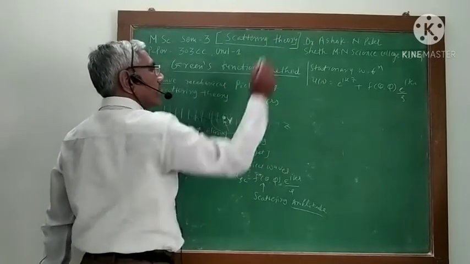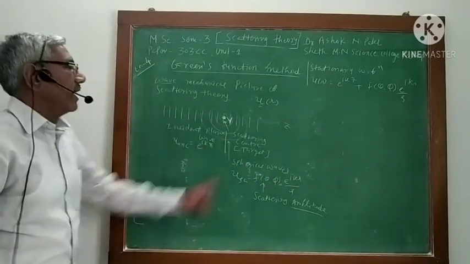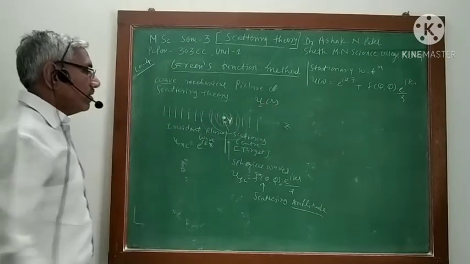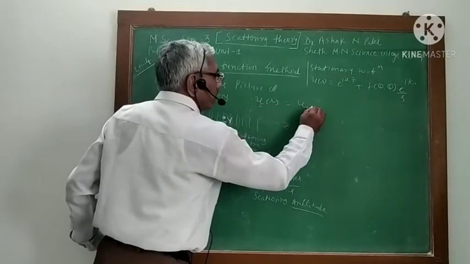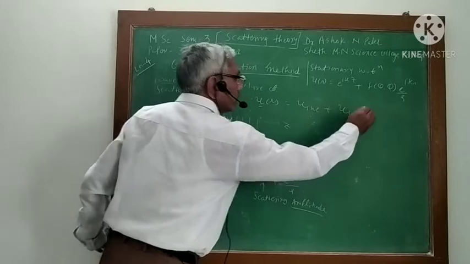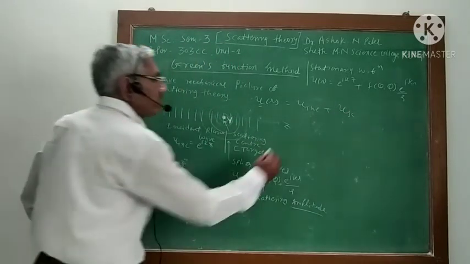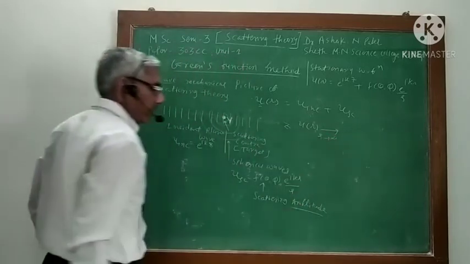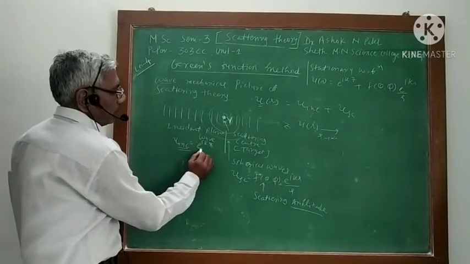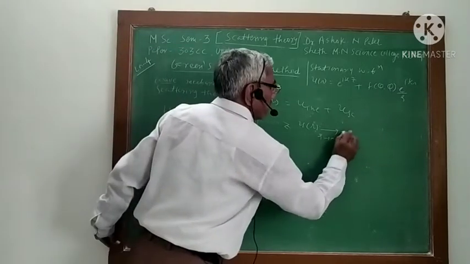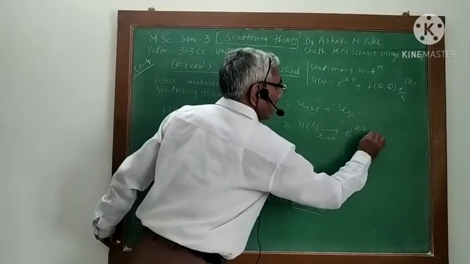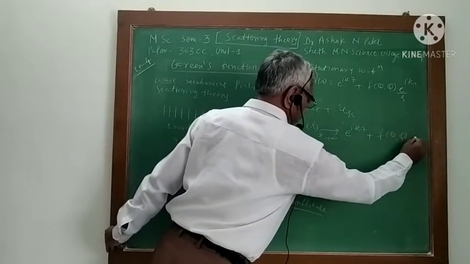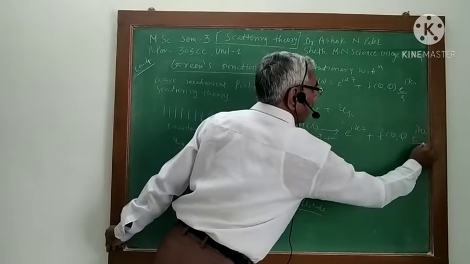At that point the wave function u(r) at r tending to infinity is u incident plus u scattered, which is e^(ikz) plus f(theta, phi) e^(ikr) upon r.